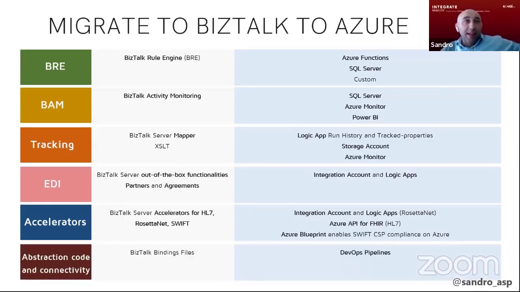And the abstraction of code and connectivity in BizTalk. As a BizTalk developer, we focus on the functionalities and the type of messaging. Then we have these binding files to connect our code to the systems.